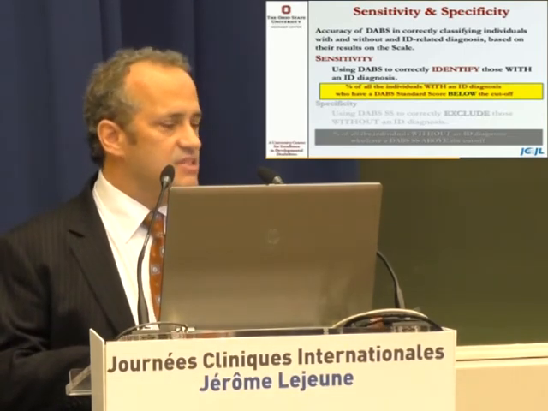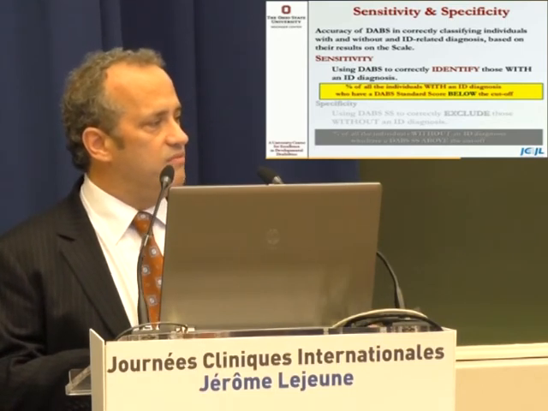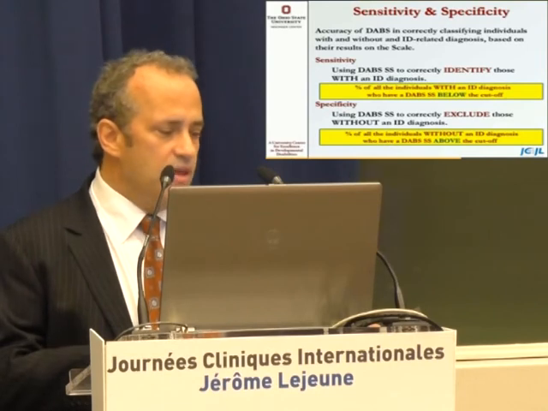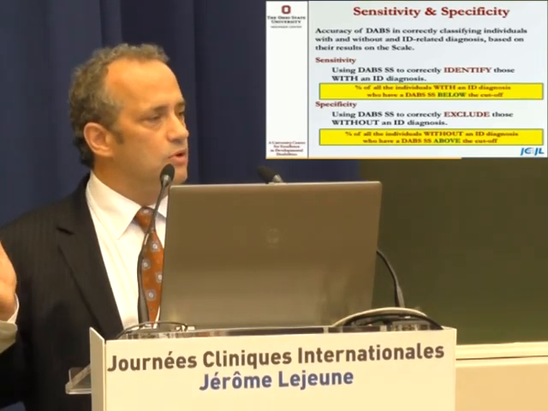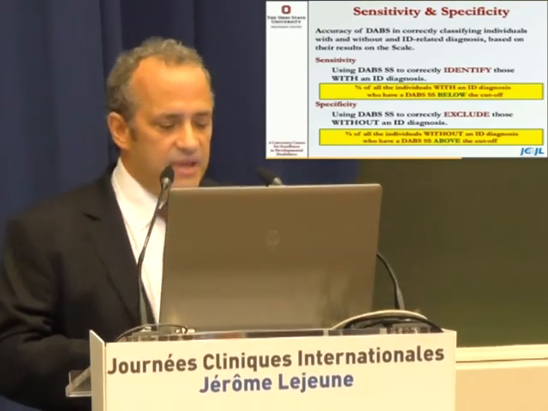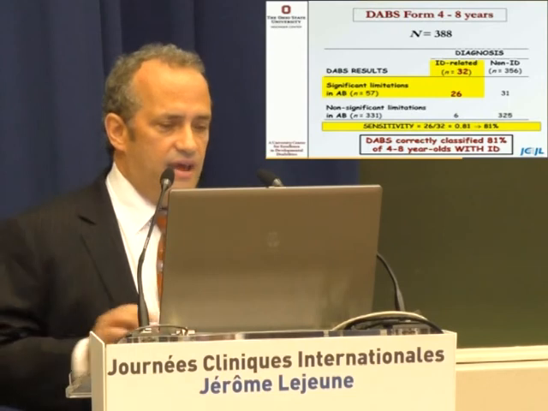So sensitivity is a measure of how good we are at identifying those who do have an intellectual disability. Specificity is how good we are at excluding those who don't have an intellectual disability based on their results on the DABS. So this is sort of what we had.